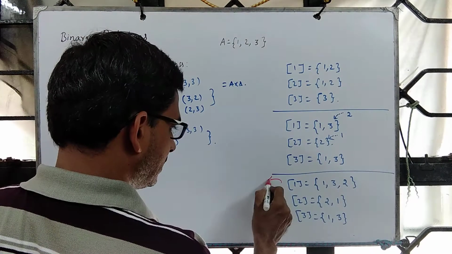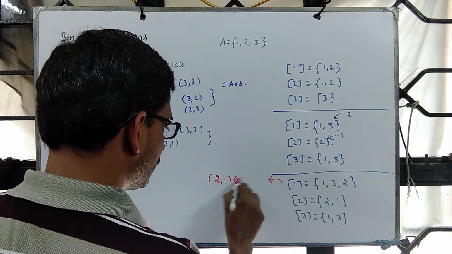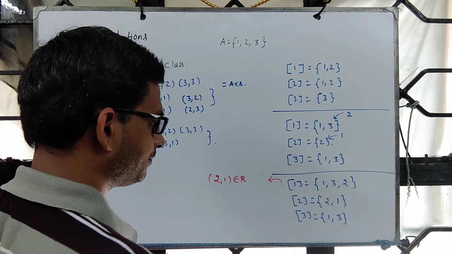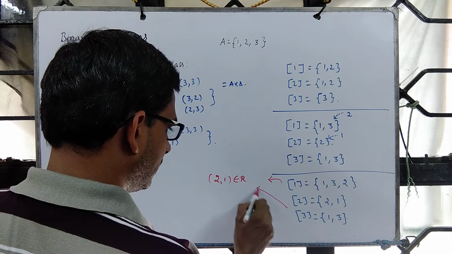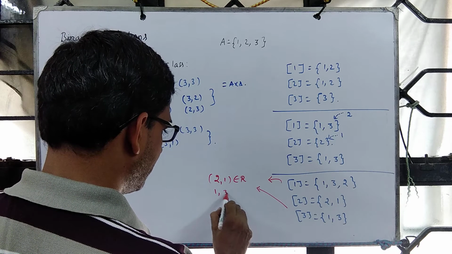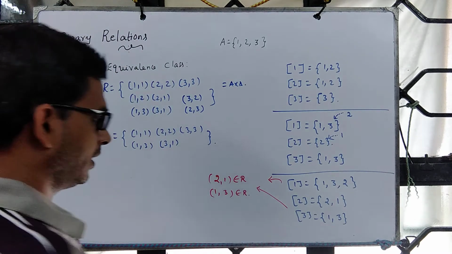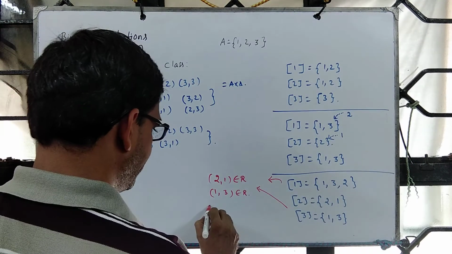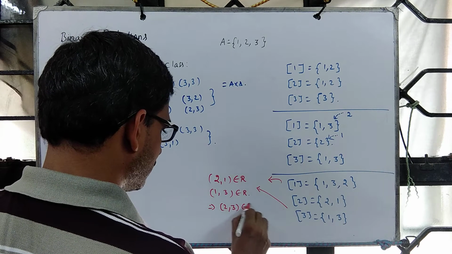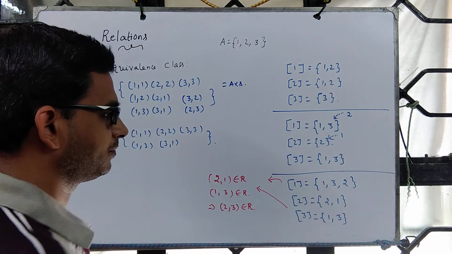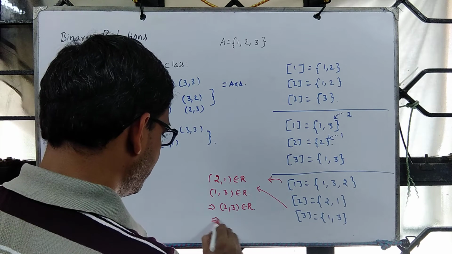Now from this, you know that (2,1) belongs to R, and from this we know that (1,3) belongs to R. Because R is transitive, it means that (2,3) belongs to R. And we know that R is symmetric.